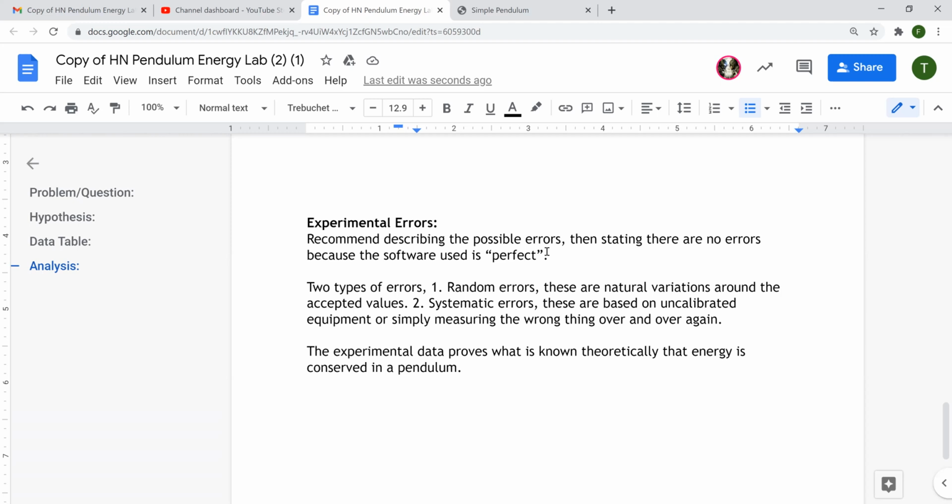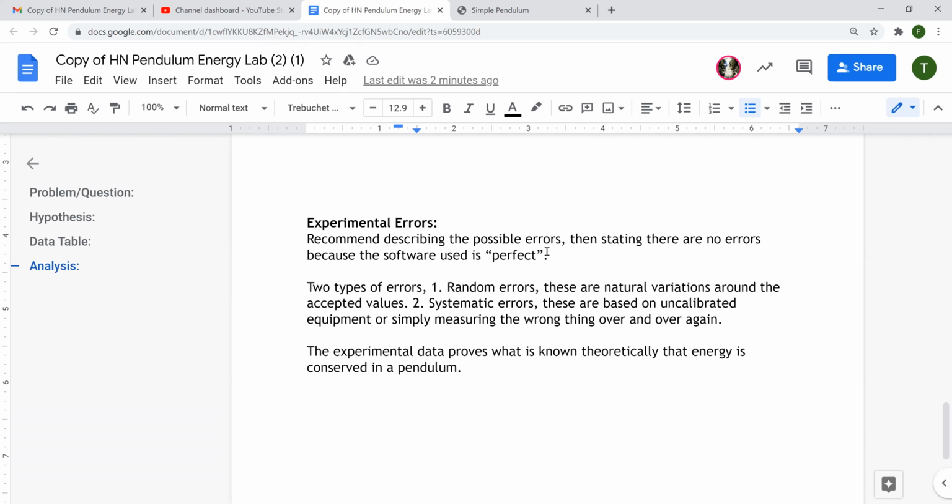All right, here's what I have. There were random errors such as natural variations with different values, as well as systematic errors. Wait, this is too monotonous. Let's see.